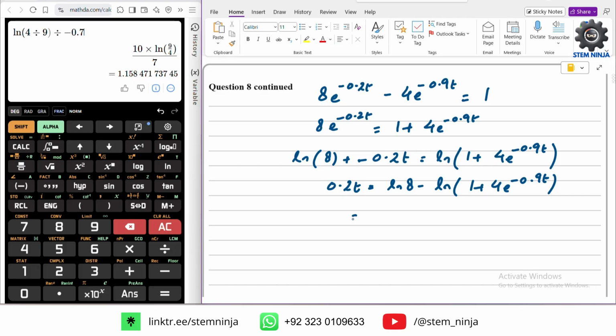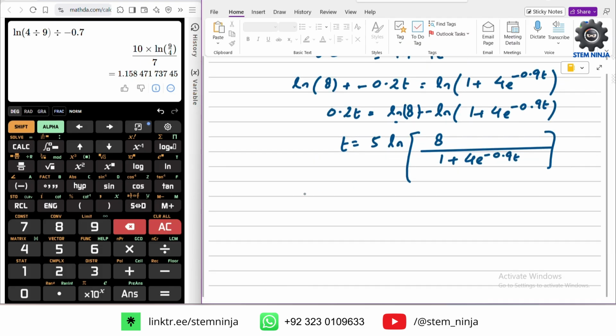0.2 is 1 over 5, therefore t would be 5, and we can turn this into a fraction: 8 divided by 1 plus 4 e raised to power minus 0.9t, and therefore we convert it into this: 5 ln of 8 over 1 plus 4 e raised to power minus 0.9t.